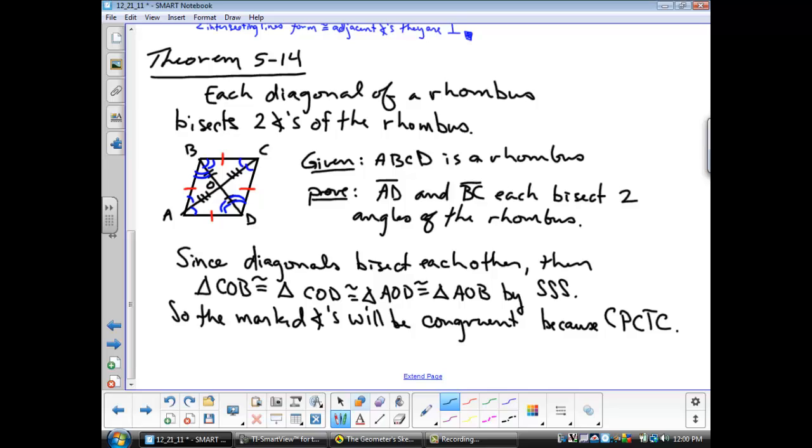And since the marked angles are congruent, then those diagonals bisect the angle, because bisect means forms two congruent adjacent angles. So AC and BD each bisect two angles of the rhombus.